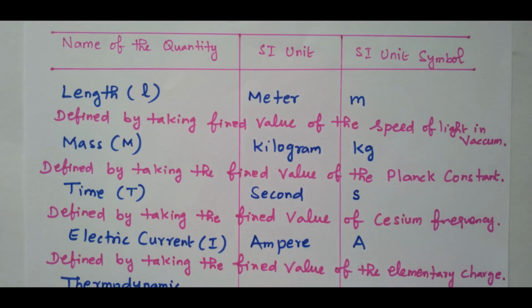How is length defined internationally? It is defined by taking a fixed value of the speed of light in vacuum. We know what 1 meter or 2 meters means by seeing the scale or the tape, but how it is defined internationally is by taking the fixed value of the speed of light in vacuum.